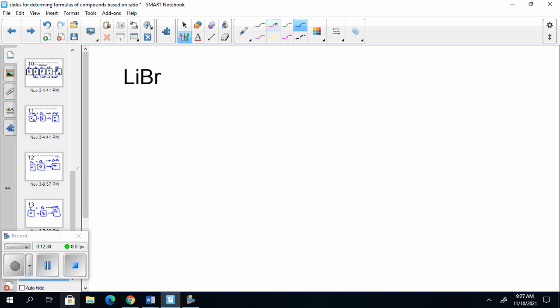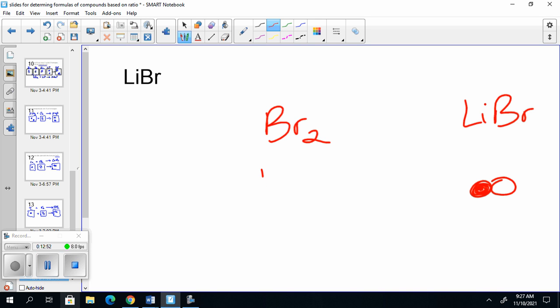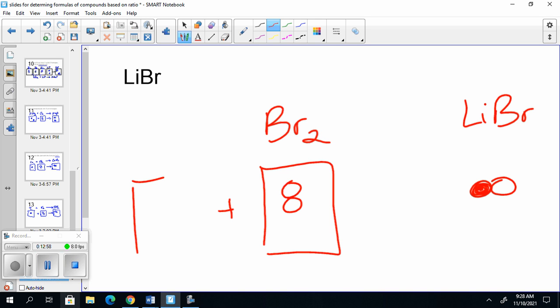LiBr. Okay. So I'll make Li this one, Br this one. Okay. Ooh, Br is diatomic. So that means I'd actually have 2 of these. So Li.